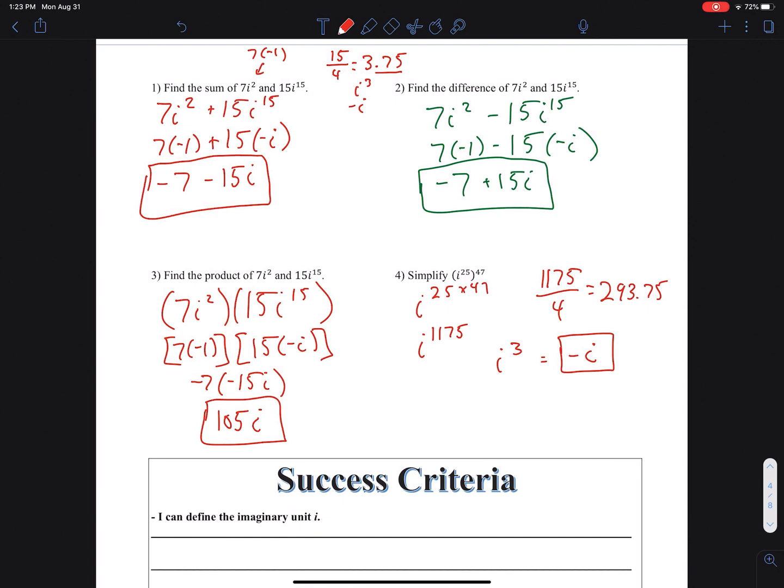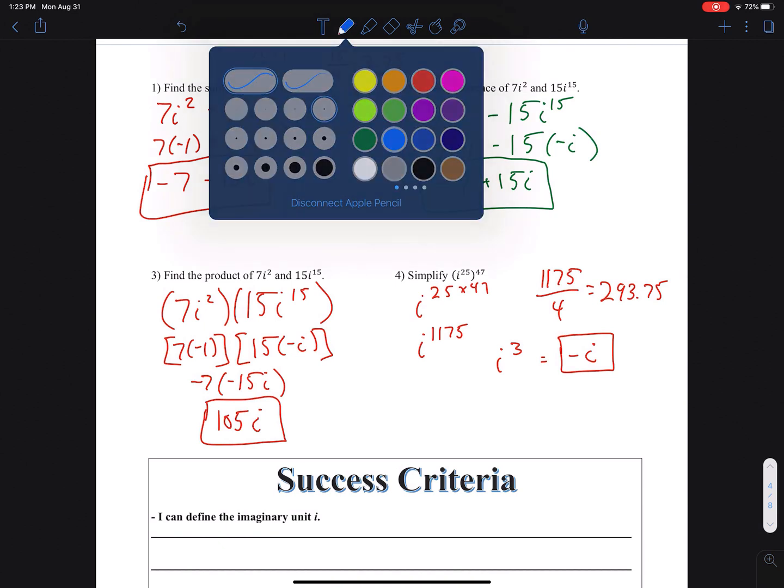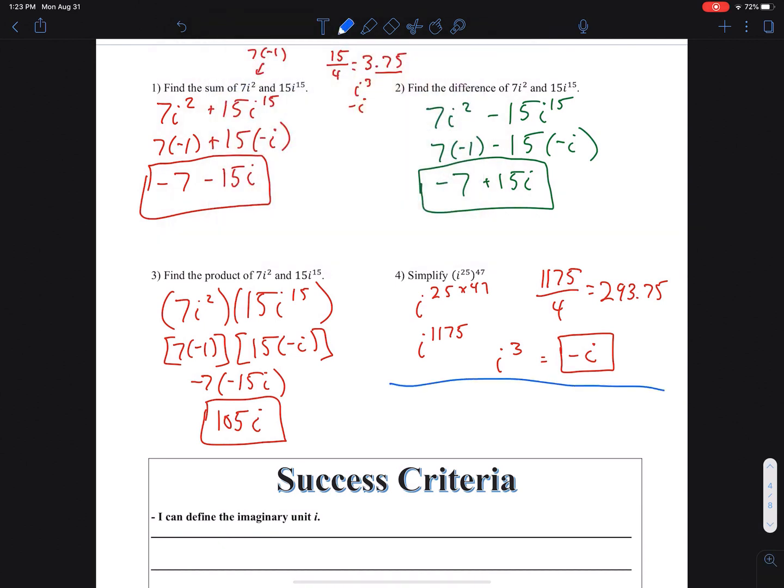But say you guys want to do the other way, and I'll show you guys the other way also that we have been doing. Simplify i to the 25th first. So do 25 divided by 4. You would get 6.25. So 0.25 means we have a remainder of 1. So that would simplify to just plain old i. So that would be i to the 47th.